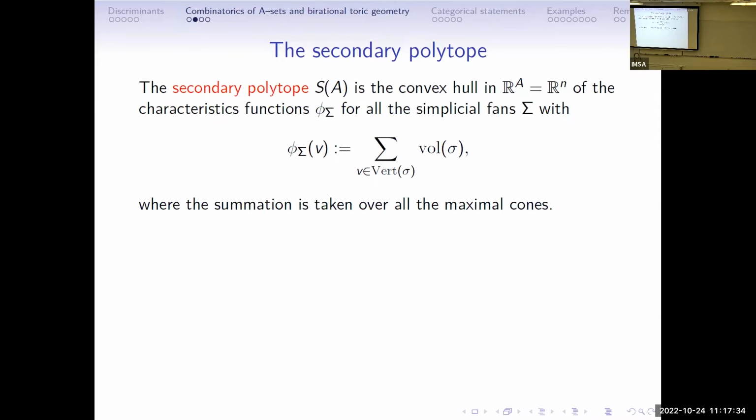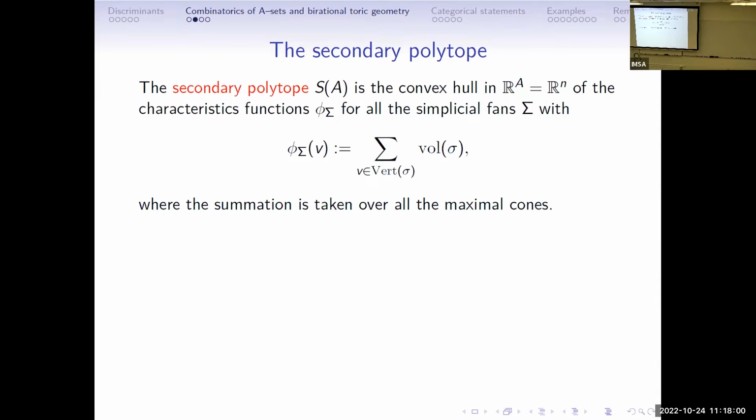So the other, besides the A-determinant but related to it, the other amazing construction of Gelfand, Kapranov, Zelevinsky is the secondary polytope. They gave a combinatorial formula for how to construct a secondary polytope. It's generated by these characteristic functions. For every simplicial fan, if you give me a simplicial fan, I'll tell you what the function is at a certain vertex.